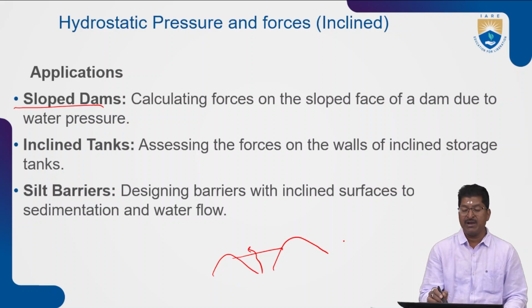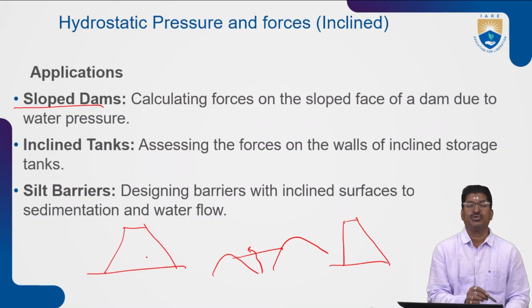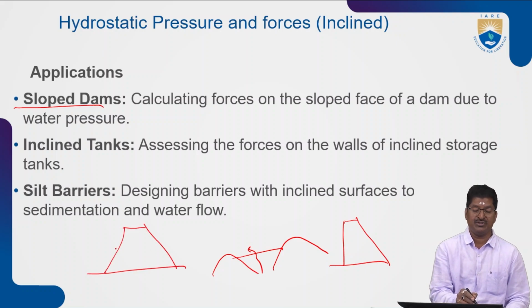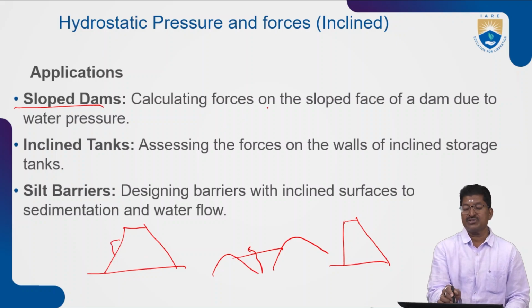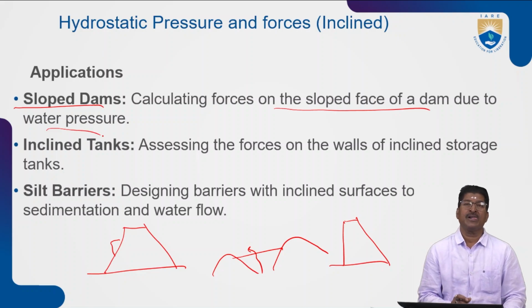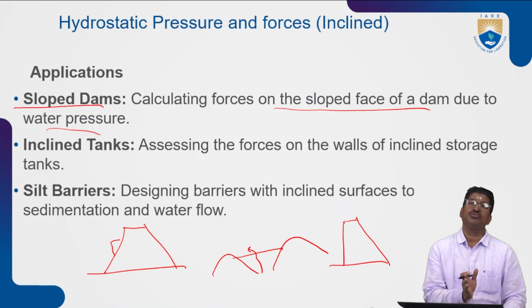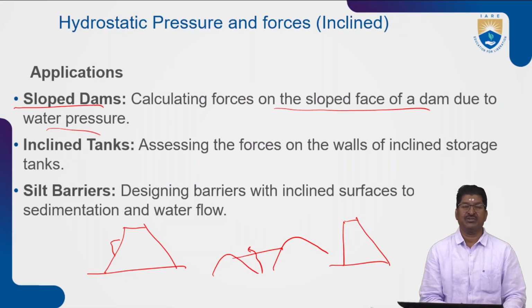A dam can normally be trapezoidal in shape like this, and some dams can be like this also. So sloped dams means here is a slope. Then calculate the force on the sloped surface of the dam due to water pressure. Here we have to calculate how much force is exerted by the fluid onto the sloped surface of the dam. That is one application.